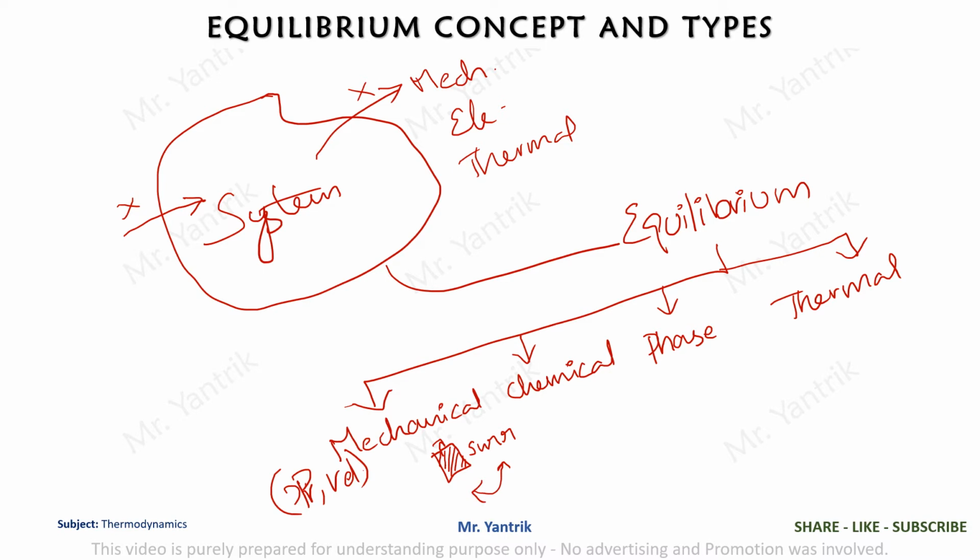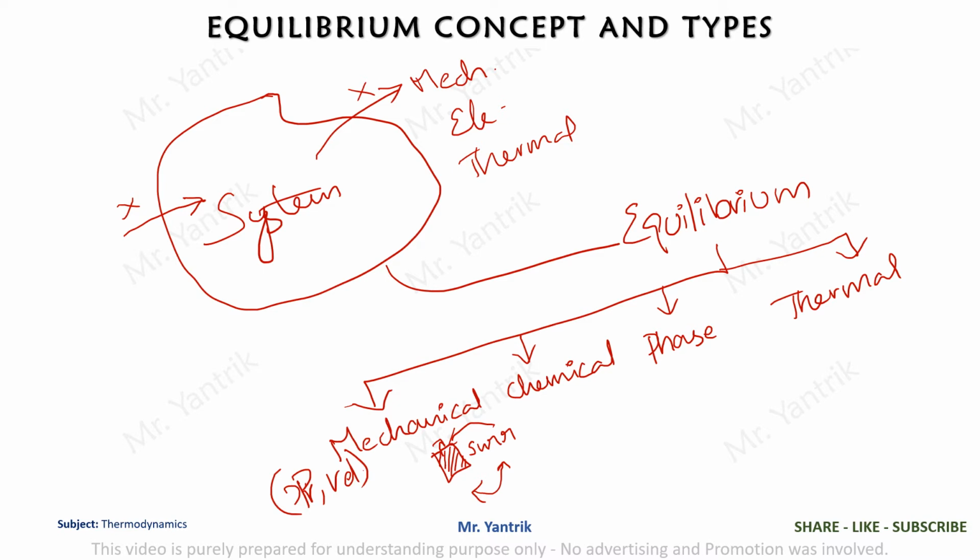And if the surroundings have greater pressure, then the surroundings will push pressure to the inside. So if there is any difference, then the mechanical equilibrium is going to be disturbed. Otherwise, the system will be in mechanical equilibrium.